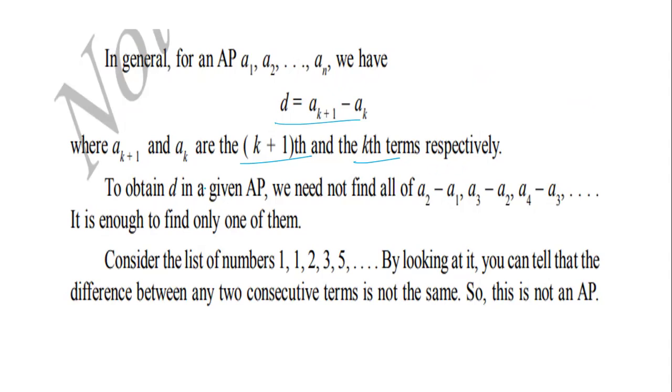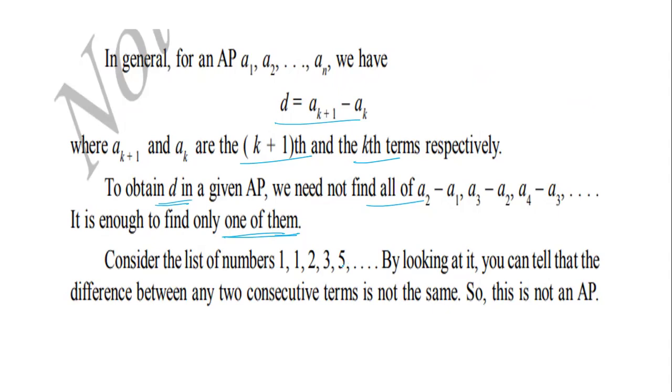To obtain D in a given AP, we need not find all of A2 minus A1, A3 minus A2, A4 minus A3, and so on. It is enough to find only one of them, like A2 minus A1 or A3 minus A2 or A4 minus A3, any one of them.